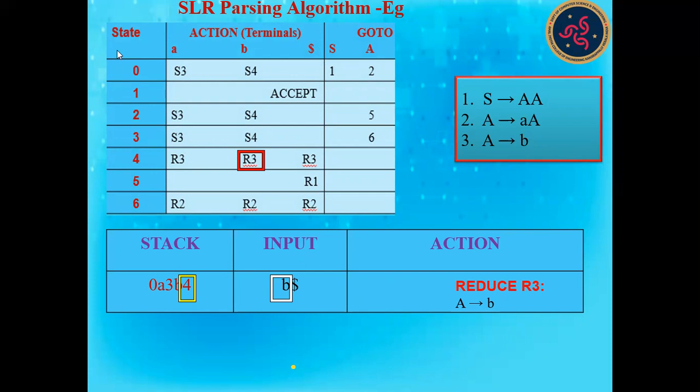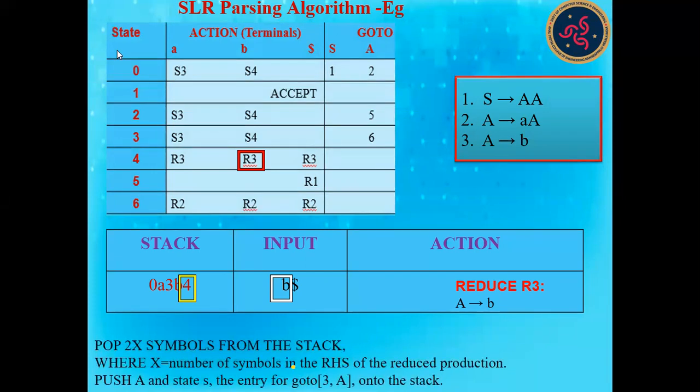If you have two symbols in the RHS, then you have to pop four symbols. That is, you have to pop 2x symbols from the stack. And what is this x? X represents the number of symbols in the RHS of the reduced production.